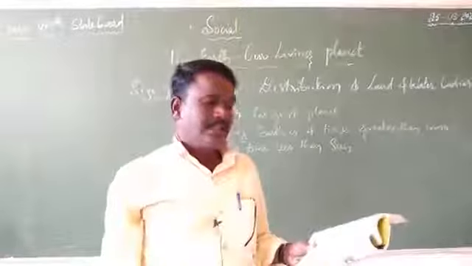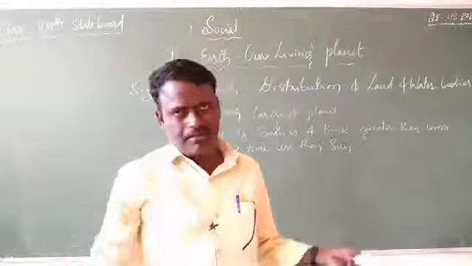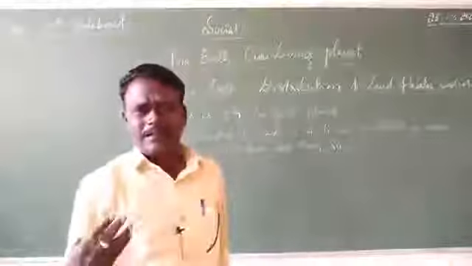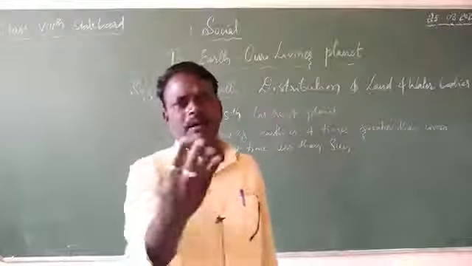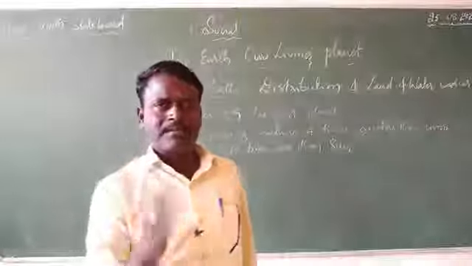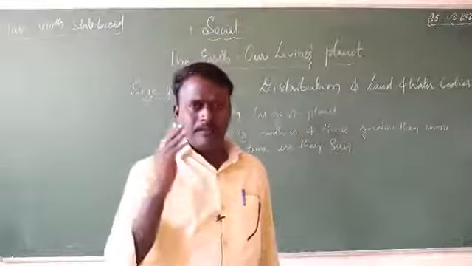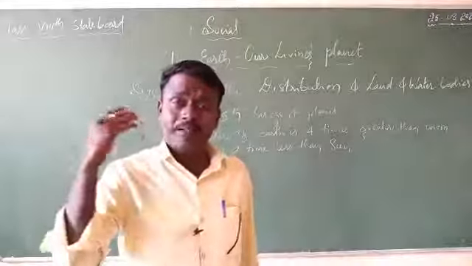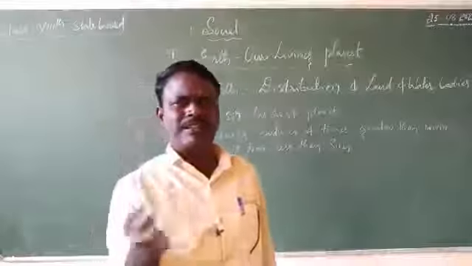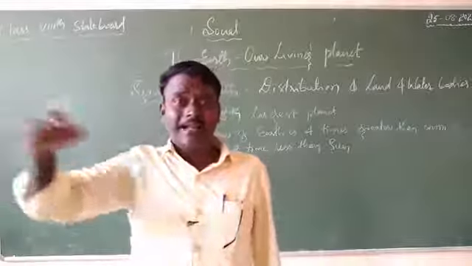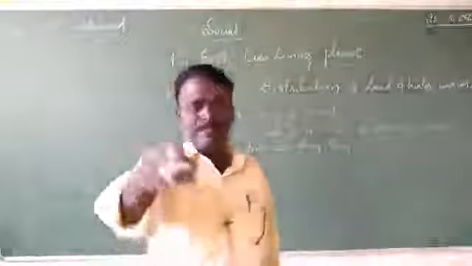Next you see, the land bodies of the earth are known as continents. Whatever land bodies we see on the earth's surface are known as continents. You are aware of all the 7 continents at present in the world: Asia, Africa, North America, South America, Antarctica, Europe, and Australia. Among all these continents, Asia is the largest, and we need to feel proud because we too belong to the Asian continent.